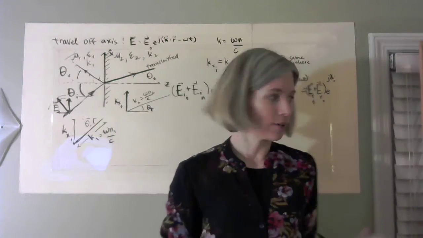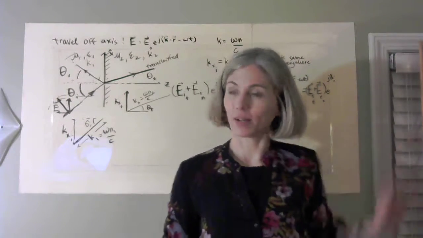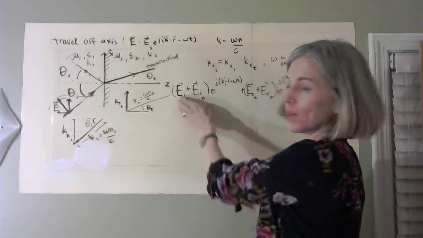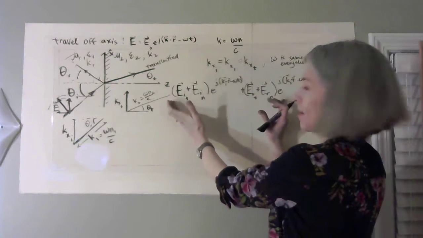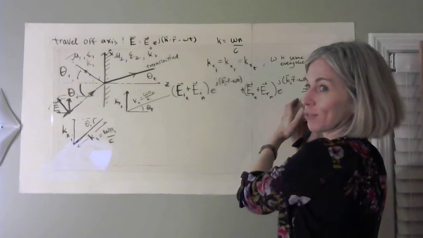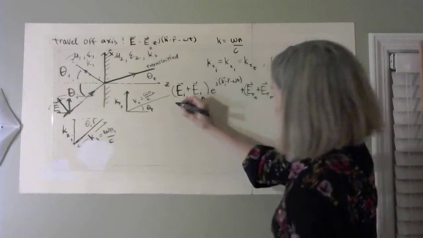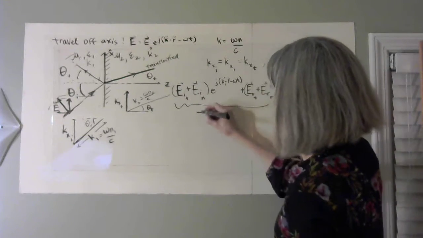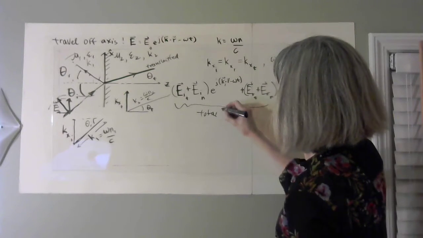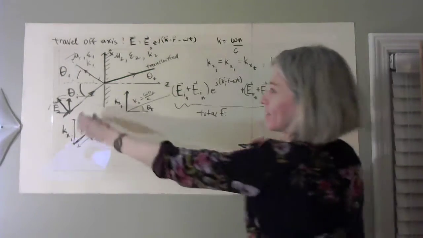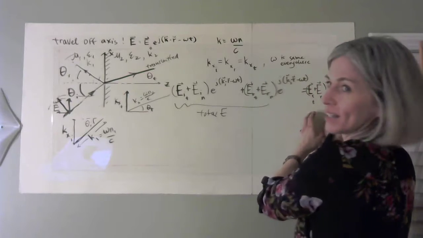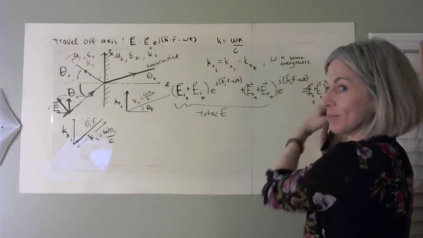In that last video, why was I able to say, let's add up the whole electric field on one side of the boundary and equate it to the electric field on the other side of the boundary? Well, I found the total electric field on the left side. The total field on the right side is just that one term, the transmitted.